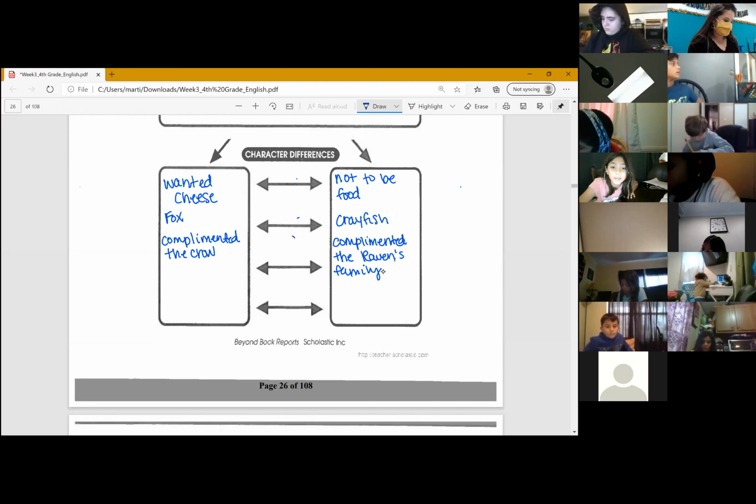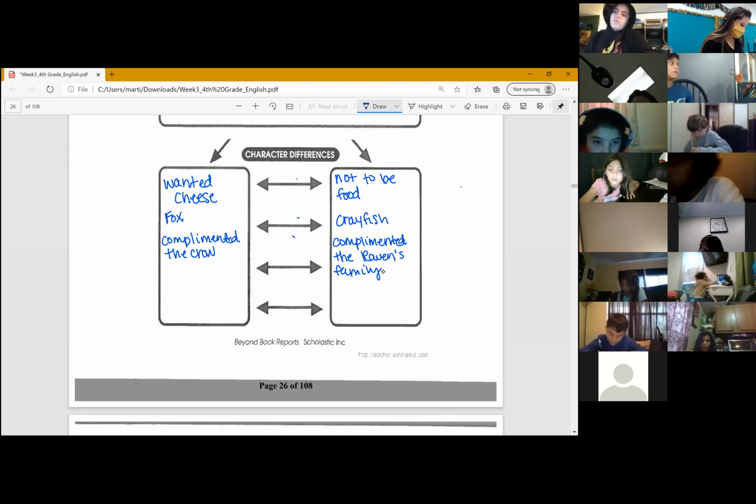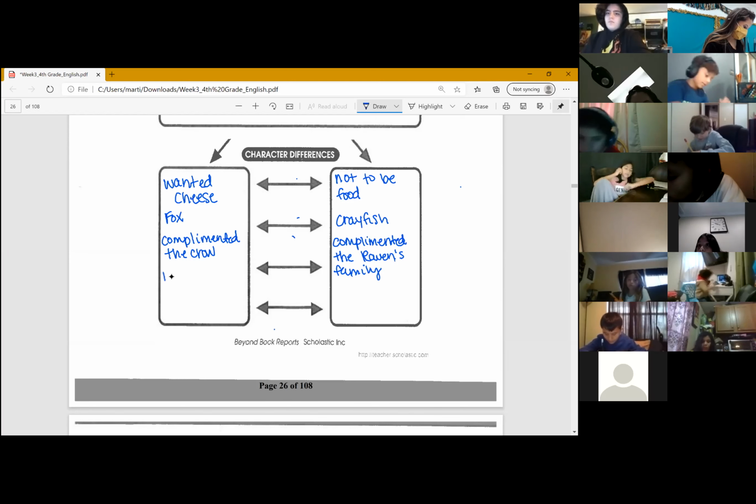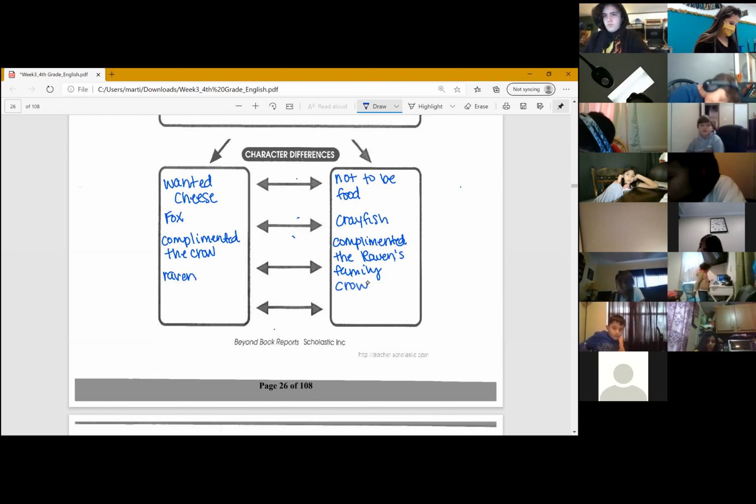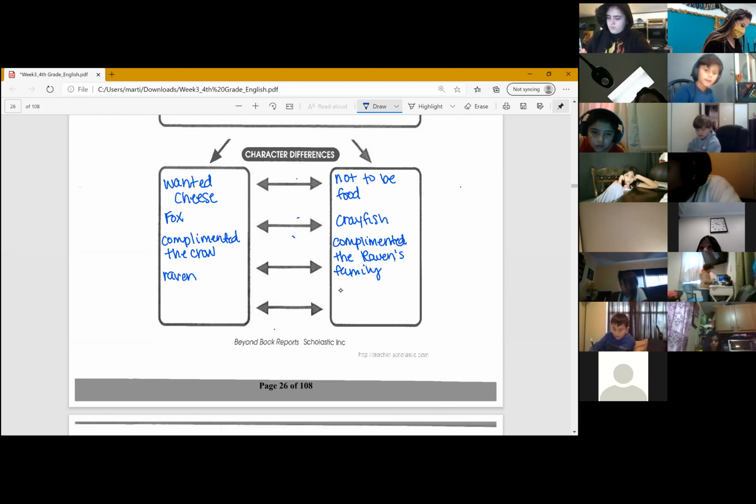Also, another thing that makes them different is they didn't do it with the same bird. One did it with a raven and the other did it with the crow. Okay, so yeah, one has a raven, one has a crow. Oh, backwards. The fox was with the crow, right?